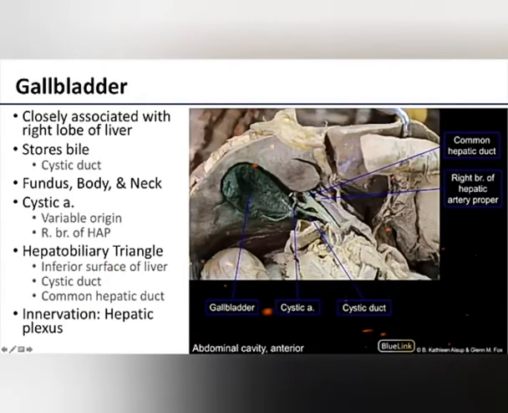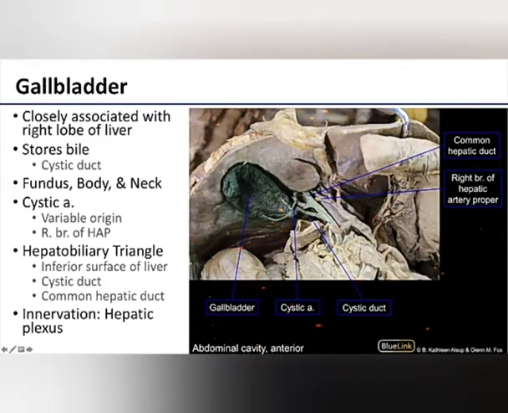The gallbladder sits in close association with the right anatomical lobe of the liver, and it can be found inferior to this right lobe. The gallbladder's role is to store bile conducted through the common hepatic duct and cystic duct from the liver, which is why oftentimes the gallbladder in cadaveric specimens is stained green.